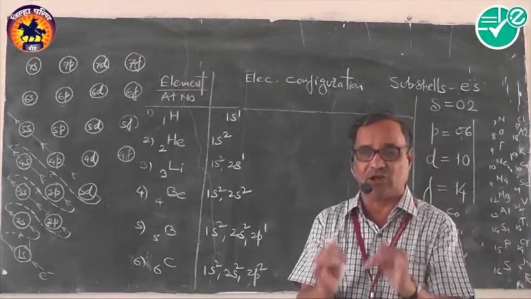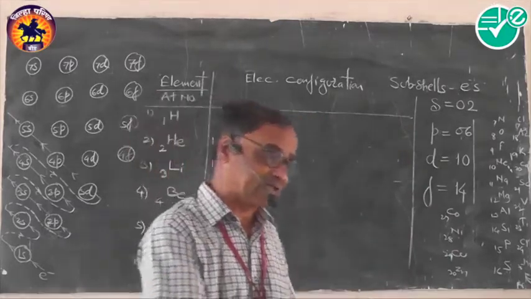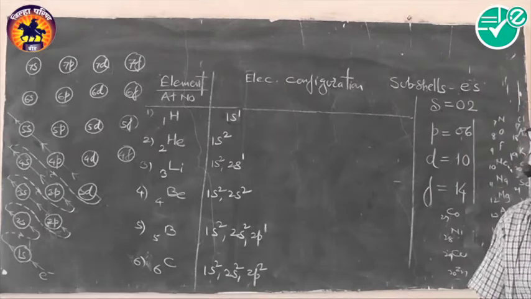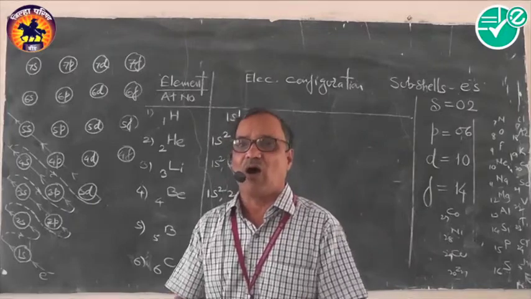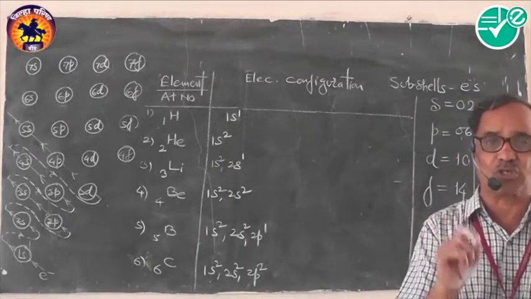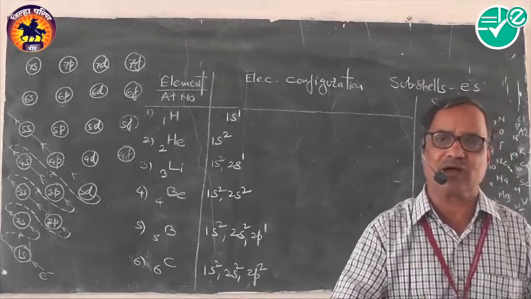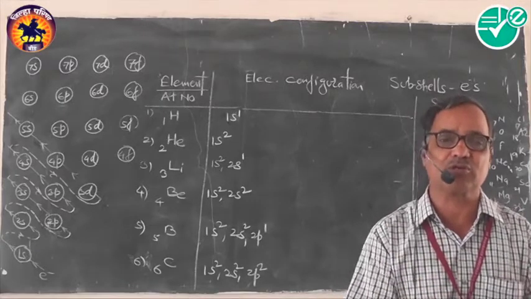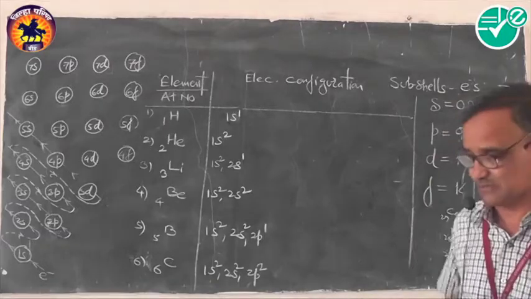And initially, on the basis of Pauli's exclusion principle, we can say that the s sub-energy level contains a maximum of 2 electrons with a single orbital. So on the basis of Pauli's exclusion principle and Hund's rule of maximum multiplicity, distribution of electrons in the s, p, d and f subshells takes place.